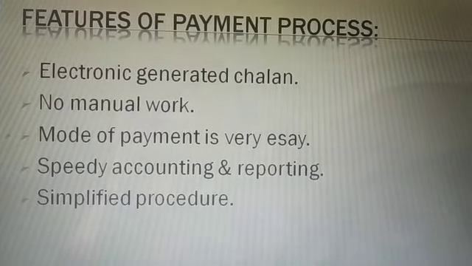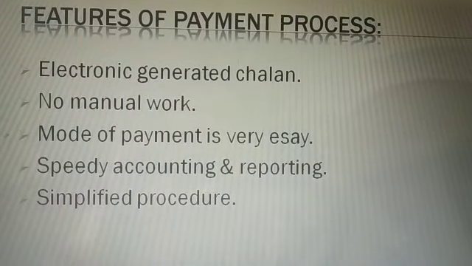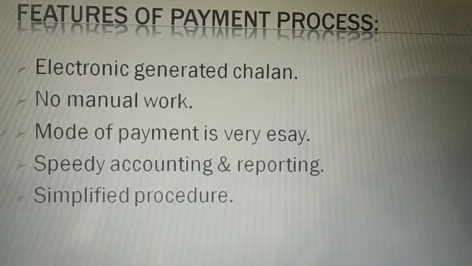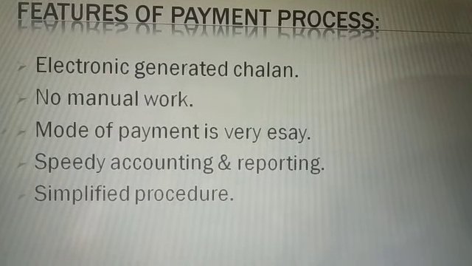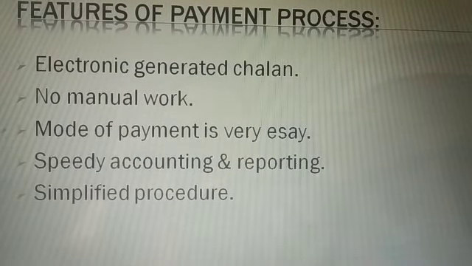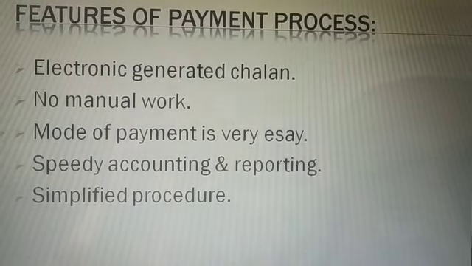Features of the GST payment process. Some of the features I am going to discuss with you. That is electronically generated challan. In the GST payment process you do transactions electronically, so electronically generated challans are available easily.